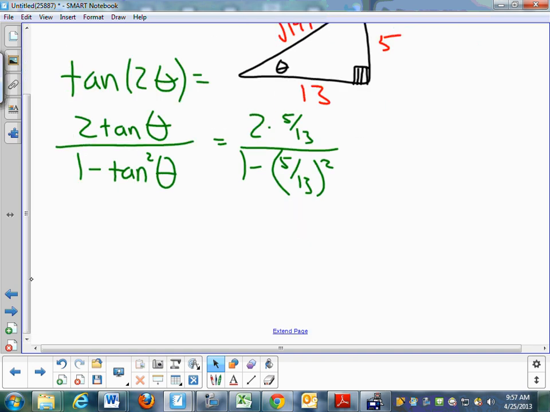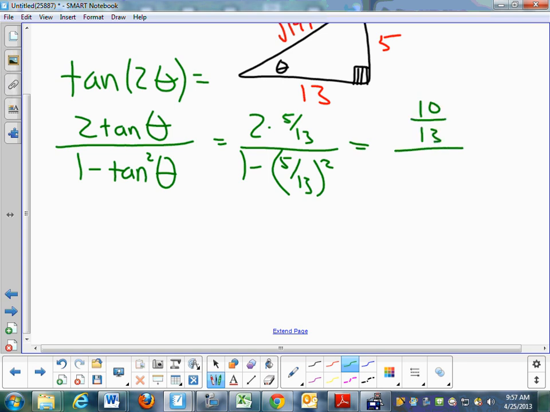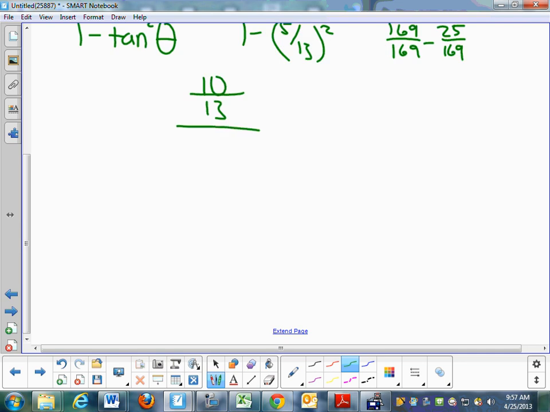That's the part you're having problems with. All right, we can do it. So we get 10 over 13 on top, right? And on the bottom, we have 169 over 169 minus 25 over 169. So I just wrote 1 as I renamed it. What's 169 minus 25? So I got 10 over 13 over 144 over 169.